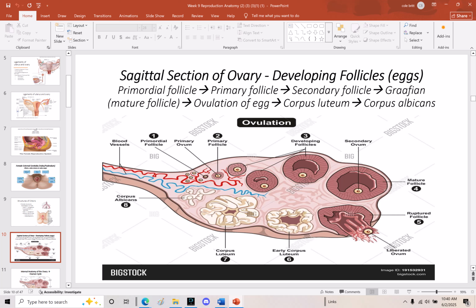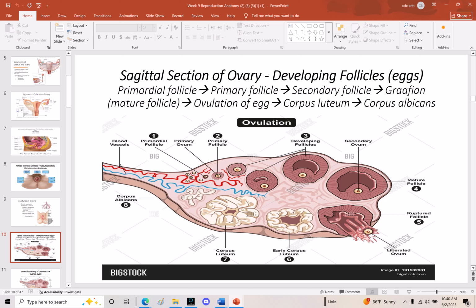One per month, usually, but sometimes more. I don't know if anybody knows why the body chooses that one and not the other side. But it does, and it starts to grow. It develops into a larger and larger follicle.